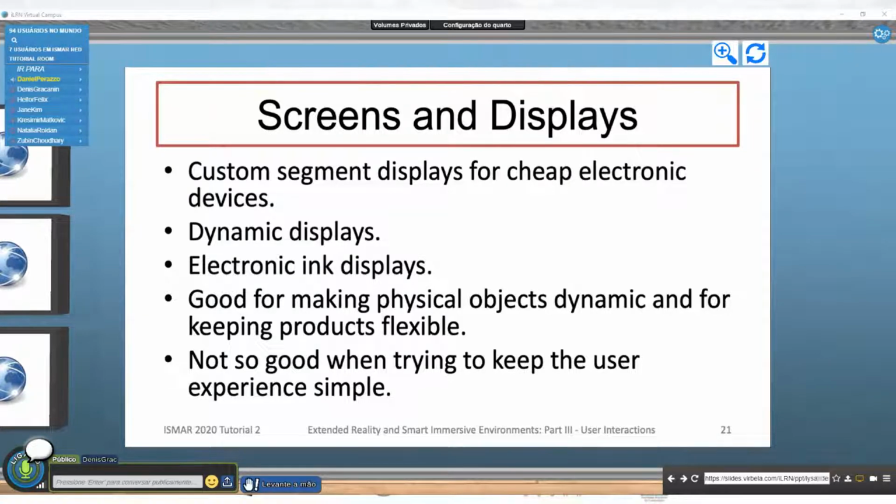Some displays can also be touchscreen displays that can be used to have dynamic appearance or change of user interface. That allows us to make those products flexible. However, that also means that the user will have to adapt over time. So if you want to keep the user experience simple, using those types of displays can be counterproductive in certain situations.